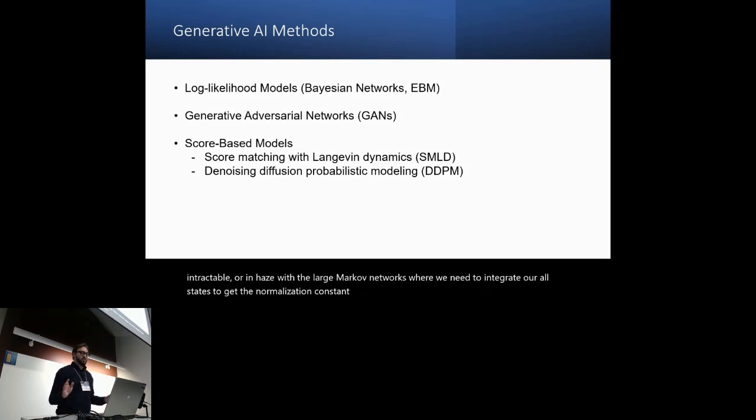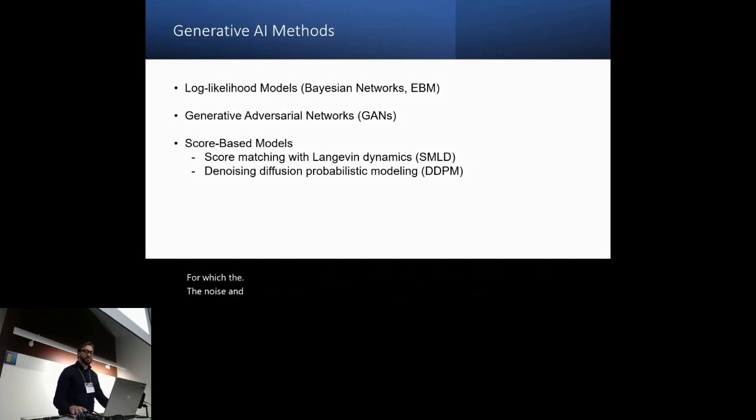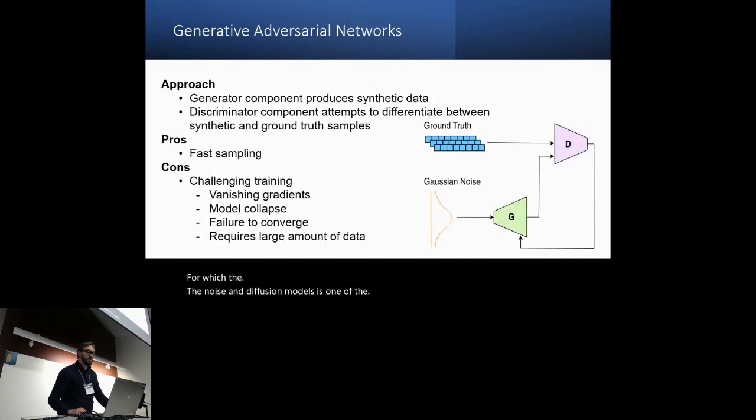The second approach is generative adversarial networks, and the third one is score-based models, for which the noise and diffusion models is one of the cases.